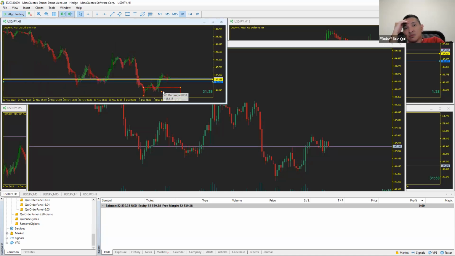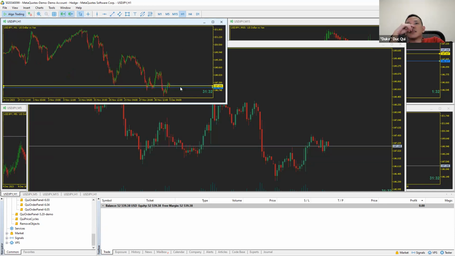So if we look, this is an outside range. So for USD yen, it's actually safer to be on the selling side than it is to be on the buying side.